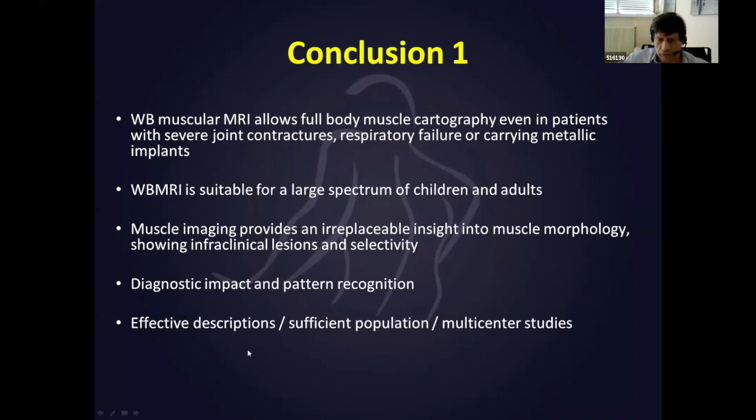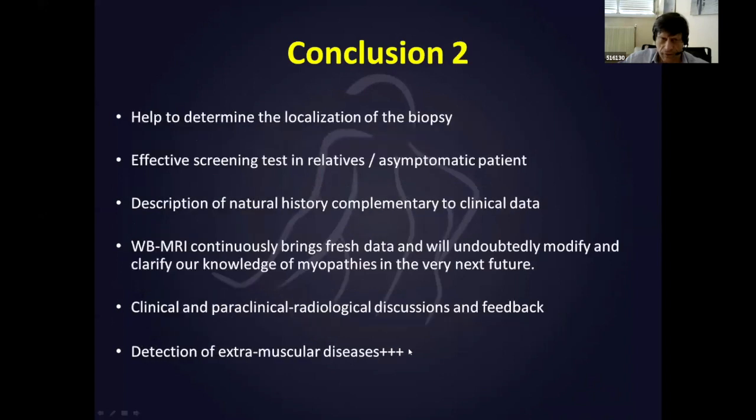For effective description, you have to group sufficient patients to have a sufficient population, and it is only feasible with multi-center studies, which is always the case with rare diseases.